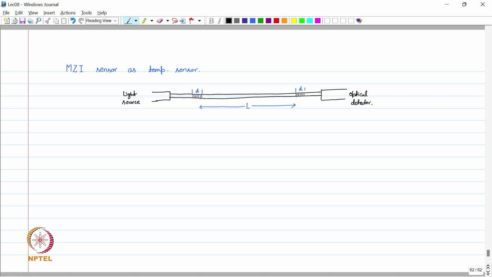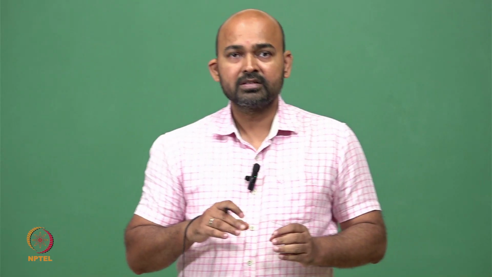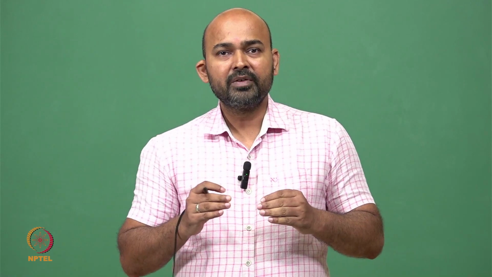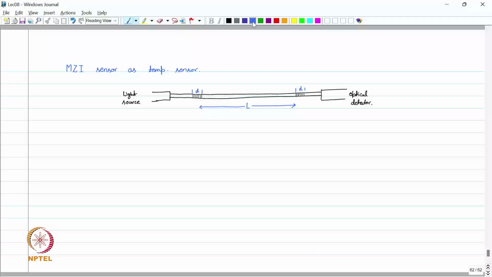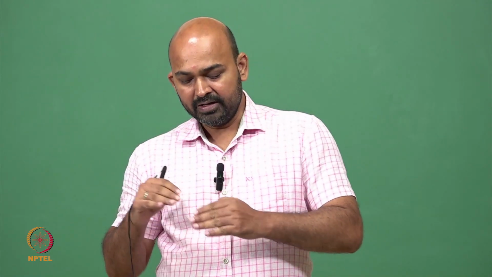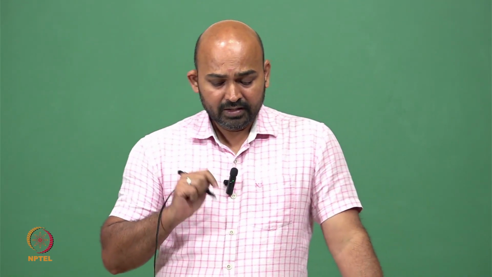These gratings, as we have seen in the last slide, can actually split the wave into core and cladding. So the wave coming in at the left gets split into core and cladding and again combined back at the output. Between the core and cladding, it is combined and goes to the optical detector.